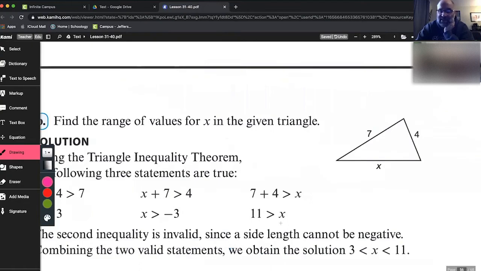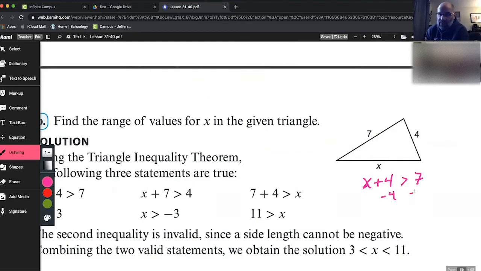All right, so here's the trick. Now you have to find the range of values of x. So remember, the longest side is 7. So x plus 4 has to be greater than 7. If I write an equation here, x plus 4 is greater than 7, then I can solve for x.